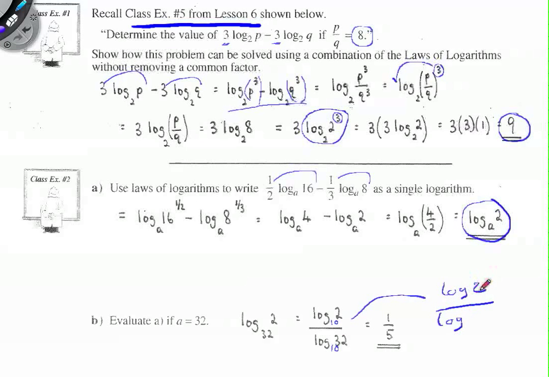Since this is a clue, we're using 2's, not as the base number, but 2 to the 5 is our exponent. So 2 to the 5 is 32. Well, this 5 can be brought to the front, and so it's log 2 over log 2 times this 5. We put it out here, so it just ends up being 1 over 5.